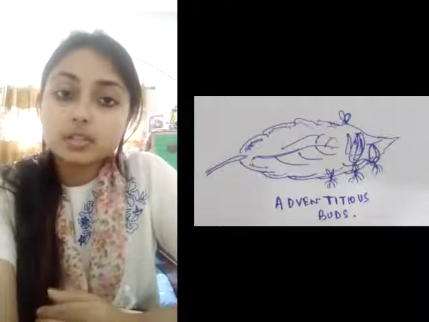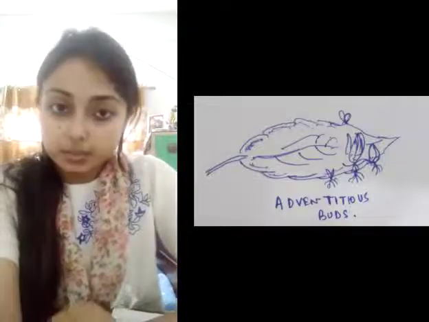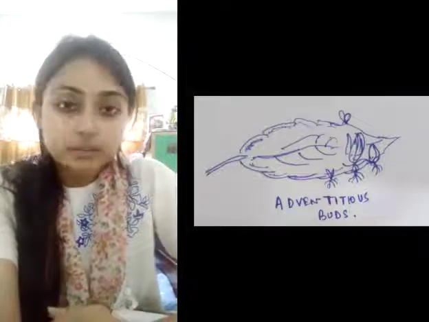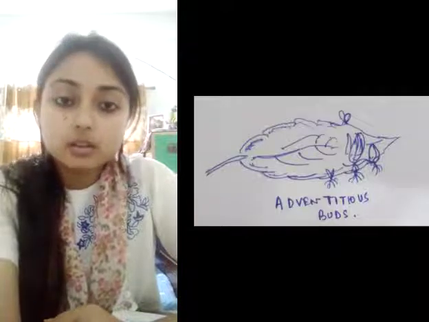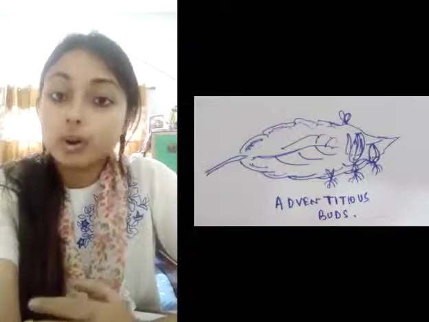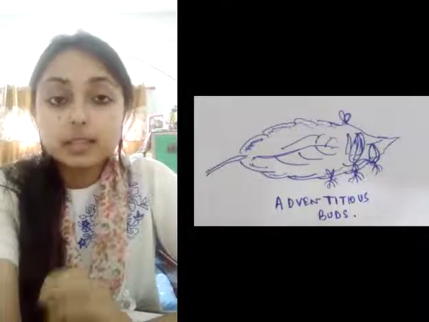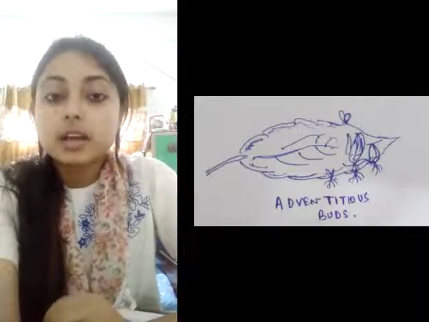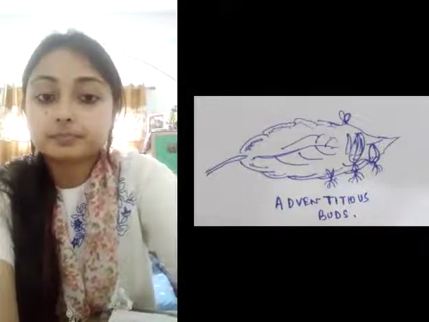It is these buds that develop into the new plant. Next are the bulbils, which are modified flowers. Like in case of pineapple, some of the upper and lower flowers of the inflorescence become modified into small tufts, and these are called bulbils. They grow on the ground and grow into new plants.